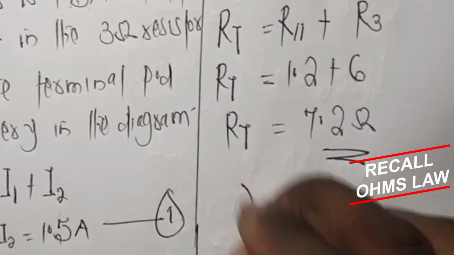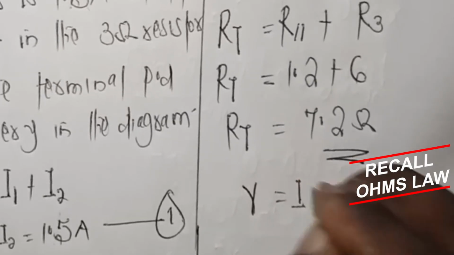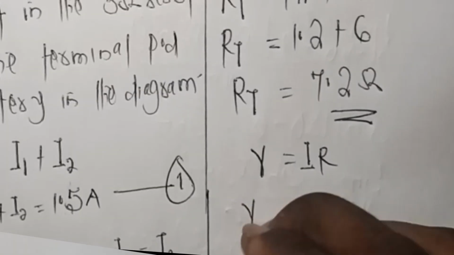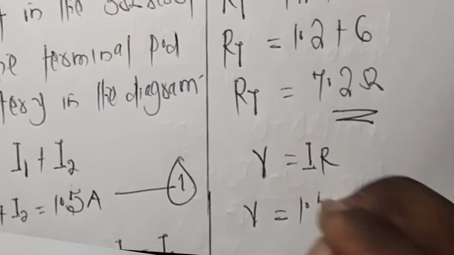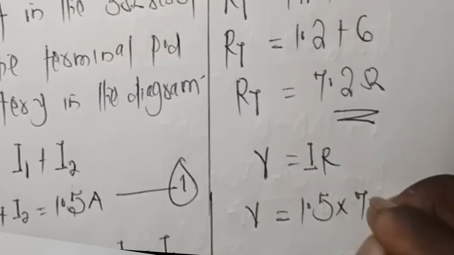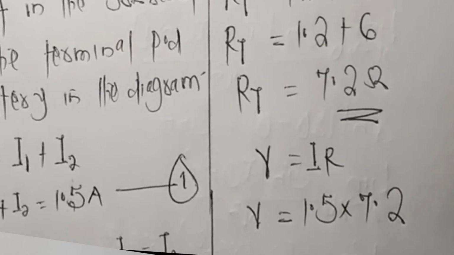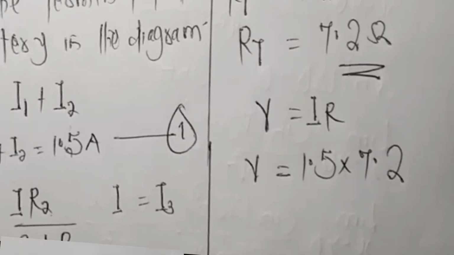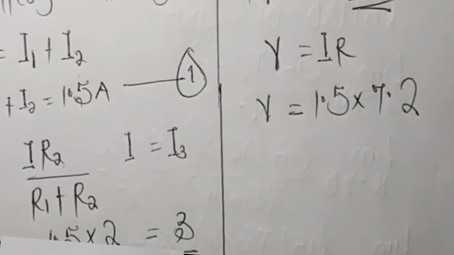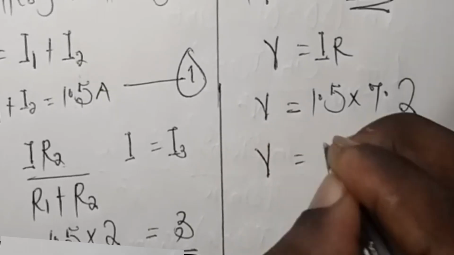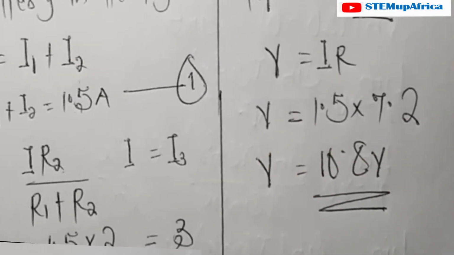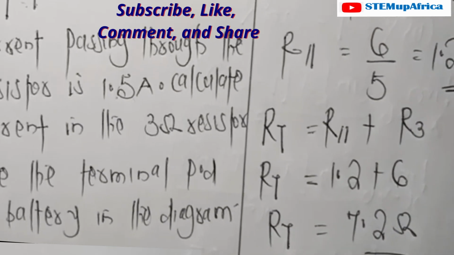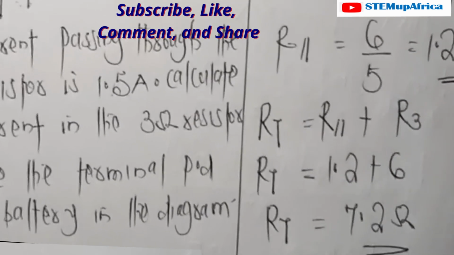We know from Ohm's law, V equals I times R. So my V will give me 1.5, which is the total current, times 7.2. If you multiply 1.5 by 7.2, your V will give me 10.8 volts. So that is the answer to this simple circuit diagram.